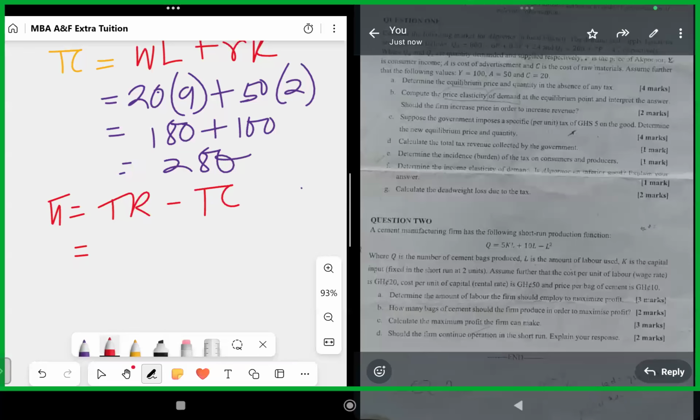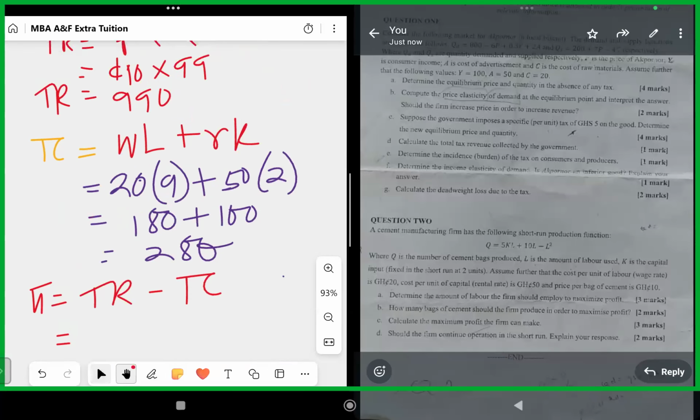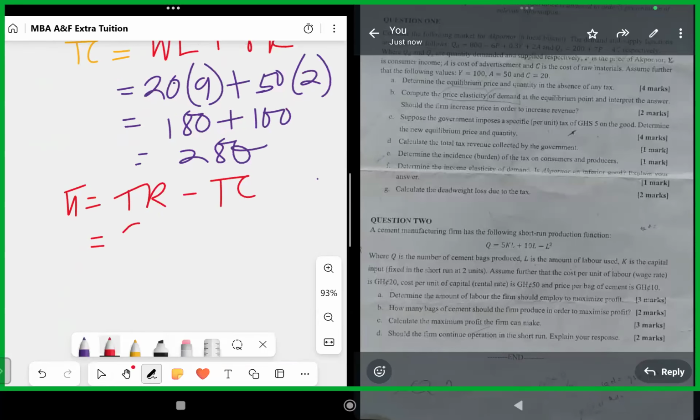What is our total revenue? 990. Our total cost is what? 280. So what do we have? 710. So that's the profit. So that's the maximum profit.